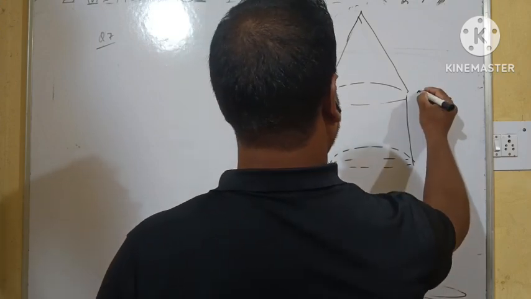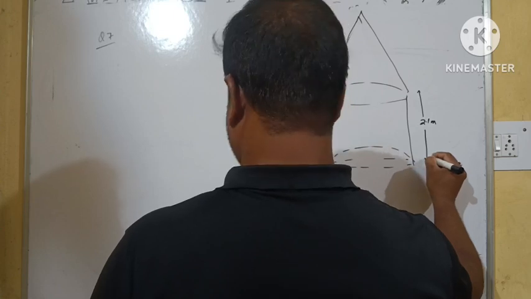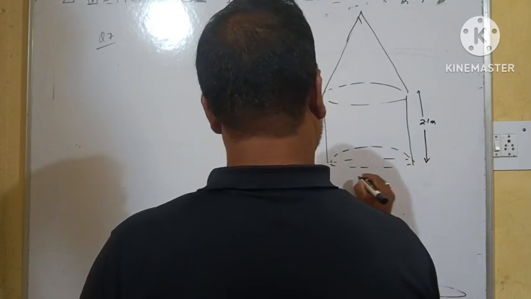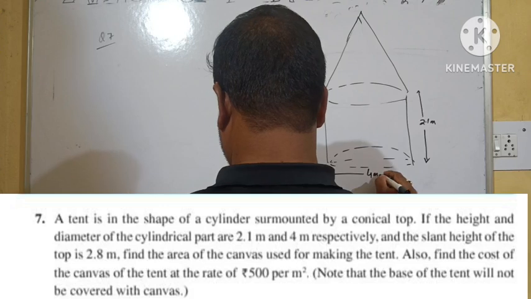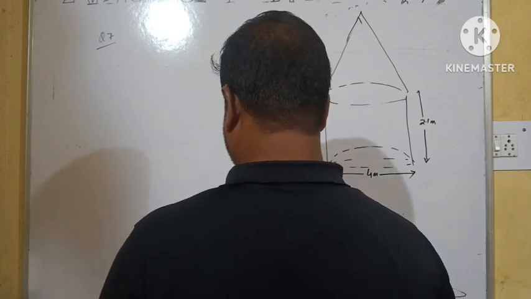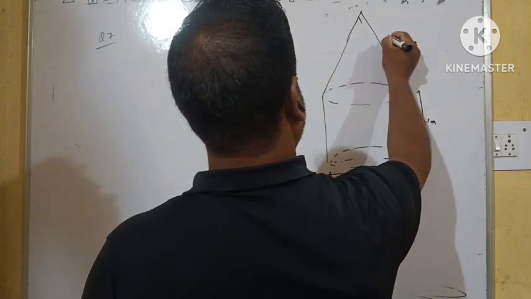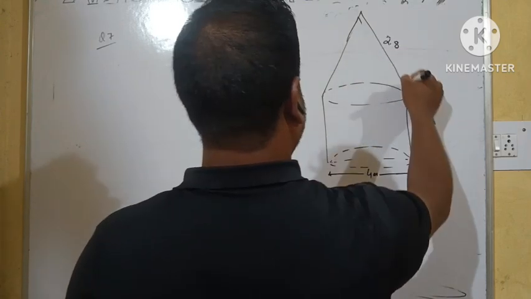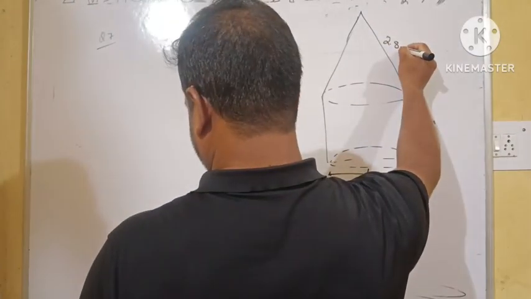The height of the cylindrical part is 2.1 meter and the diameter is 4 meter, and the slant height of the top, that is the slant height of the cone, is 2.8 meter.